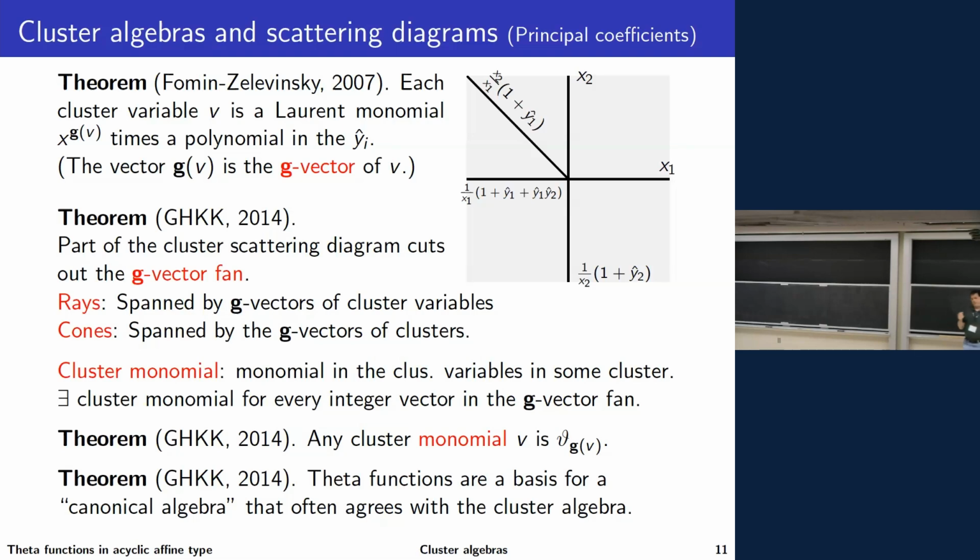There's some funniness with that if you don't do principal coefficients, but we can talk about that later if you'd like. The other thing that's in GHKK, among many things, is that theta functions are a basis for what they call a canonical algebra. It often agrees with the cluster algebra, and maybe more often agrees with the upper cluster algebra. So somehow this scattering diagram machinery has captured a lot about cluster algebras.